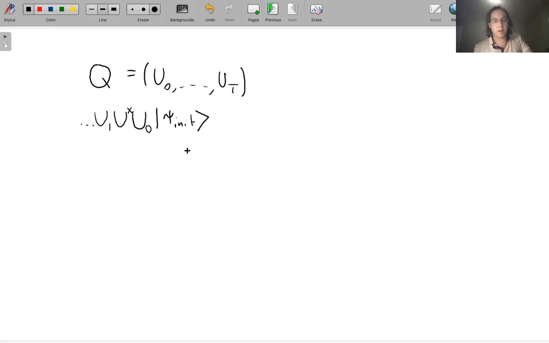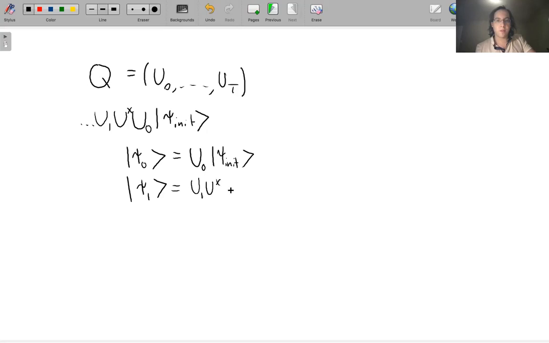Let's denote by psi0 the state right after applying the unitary U0. And similarly, psi1 is going to be the state right after applying U1.